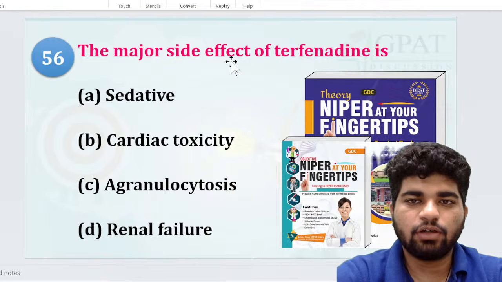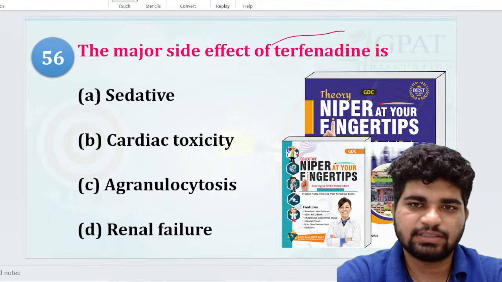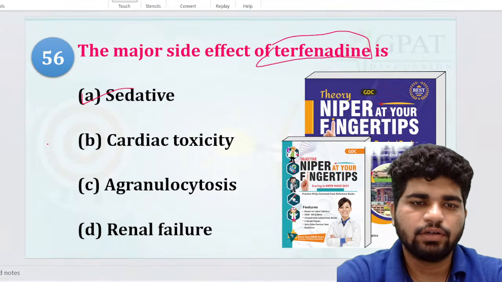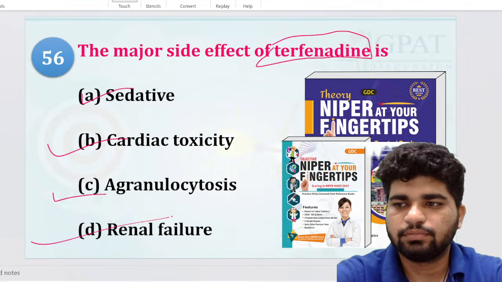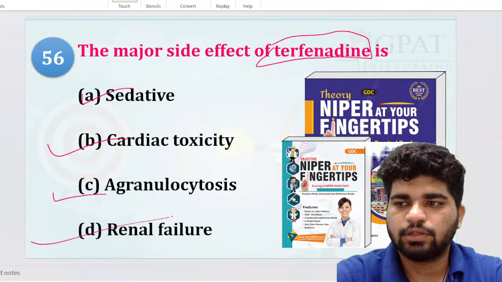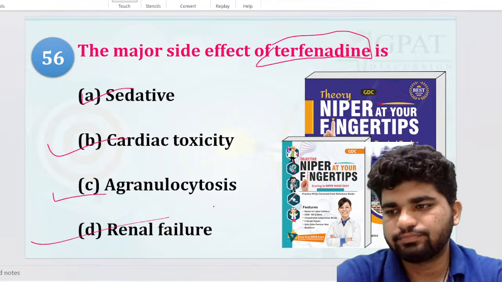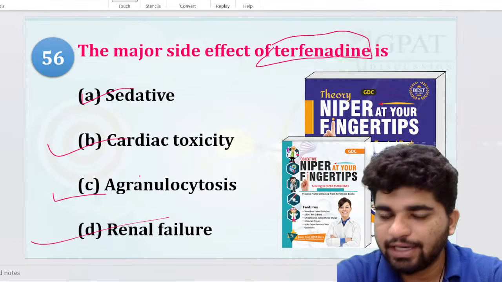Now the major side effect of terfenadine is what? Is it sedative, cardiac toxicity, agranulocytosis, or renal failure? Magesh, it's not C, it's B only.